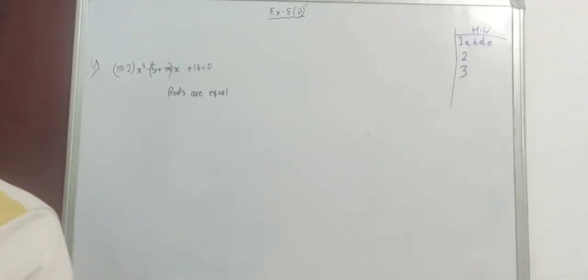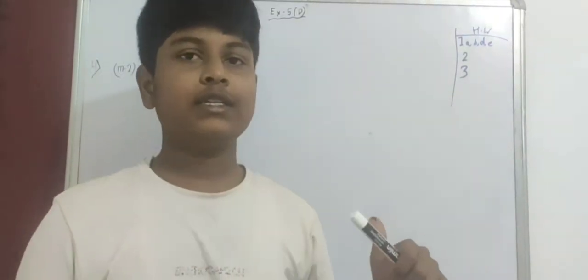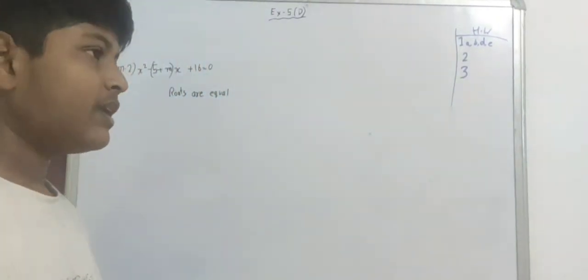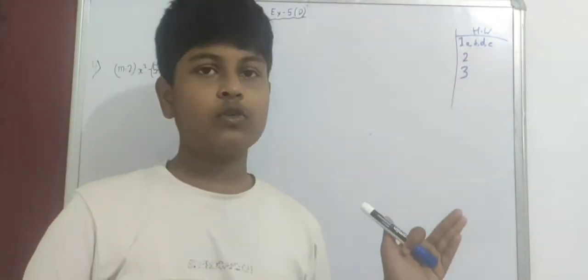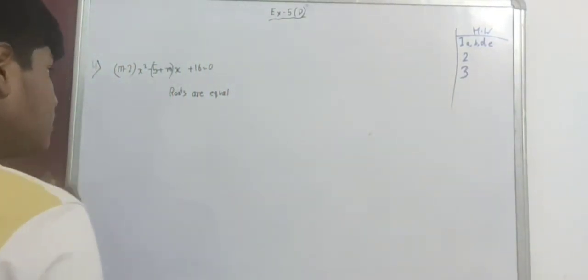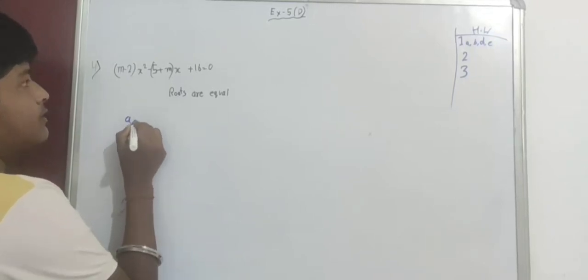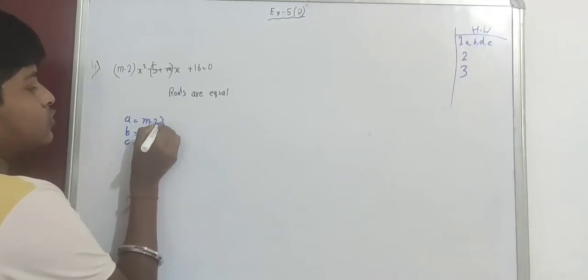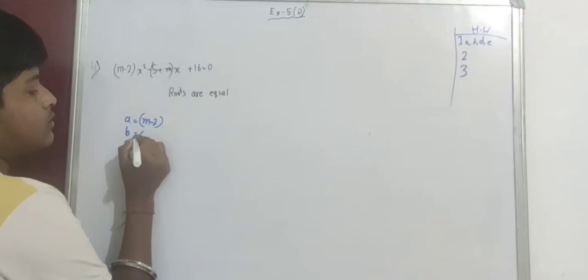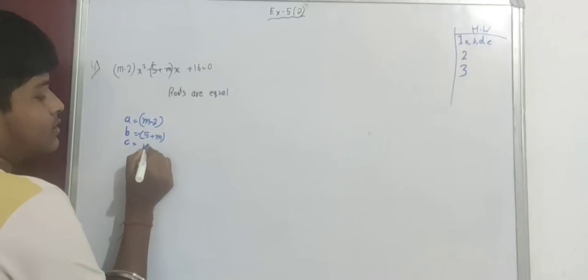Now in question number 4, it is given that the roots are equal, which means they are real also. So we can directly equate the discriminant to 0. Find the value of a, b and c. We have m minus 2, minus (5 plus m), and 16.